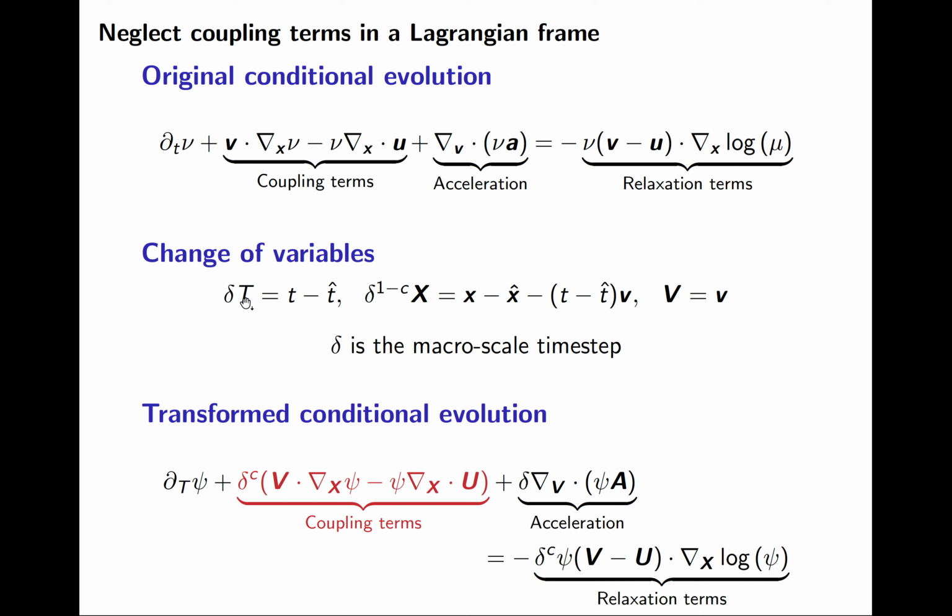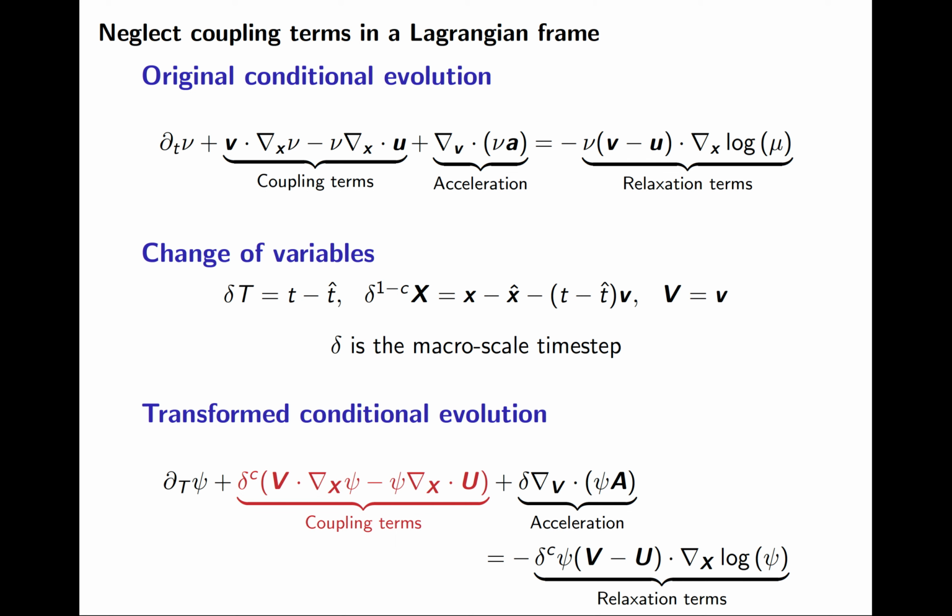So an order 1 change in t leads to a small change in the original time. This is our spatial transformation, right? So we're going to be specifically focused on one point x hat, and if we vary x, we're going to be moving around this fixed point x hat. And then we're also going to include this velocity term here, right, to move us into this Lagrangian frame.